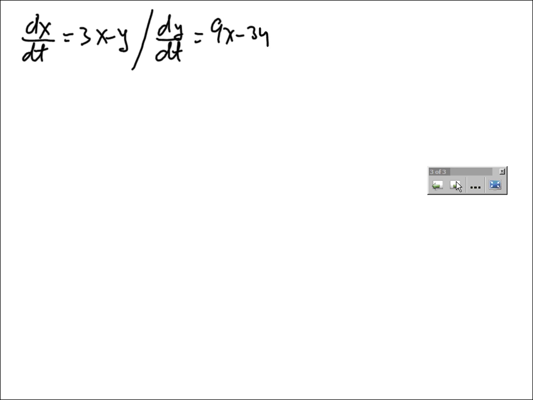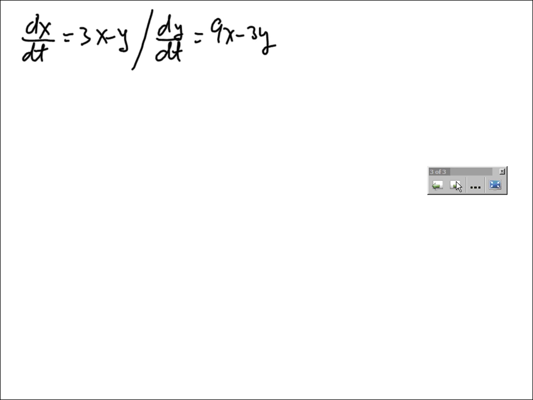Now, these last two problems we've done, when we found the characteristic equation, they had two real distinct roots. Well, what happens if a root gets repeated? And that's what's going to happen with this problem. Suppose you have that, and dy dt is, say, 9x minus 3y.